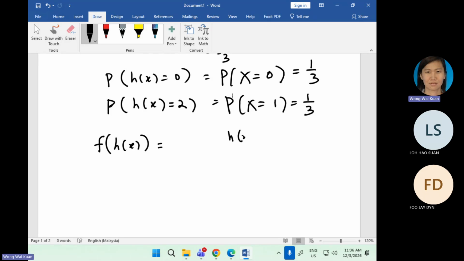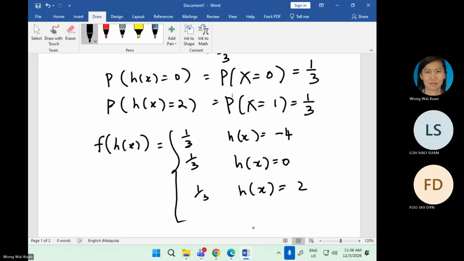Then this is h(x) equals -4, and h(x) equals 0, h(x) equals 2. Then this is 1 over 3, 1 over 3, 1 over 3, and 0 elsewhere.